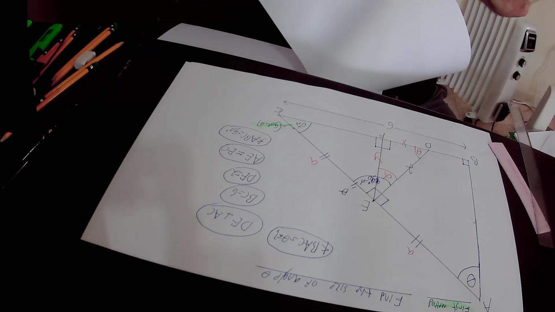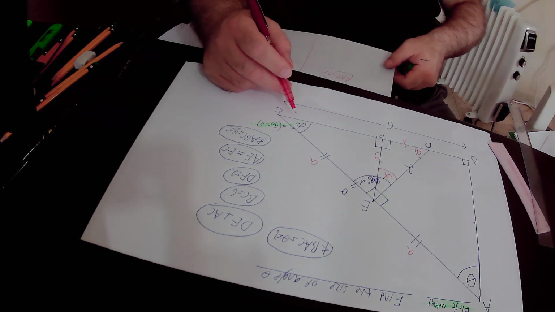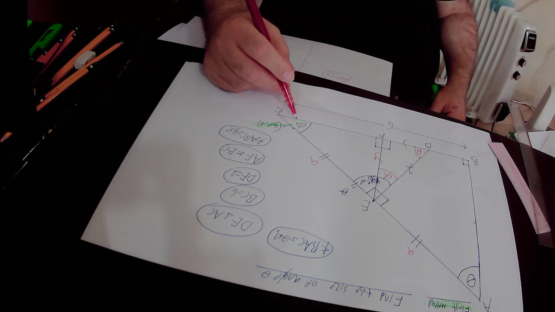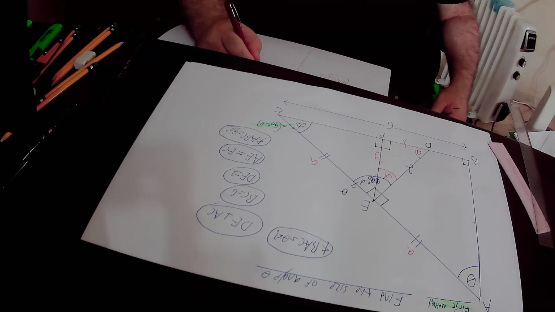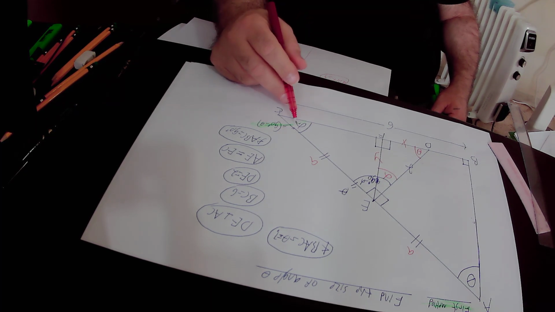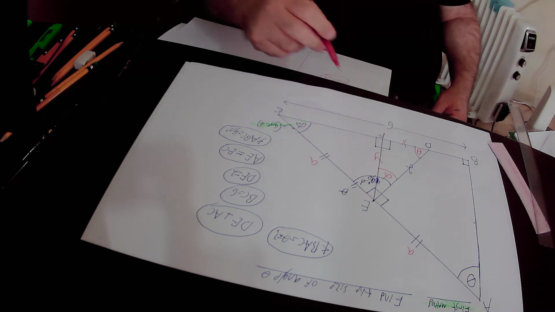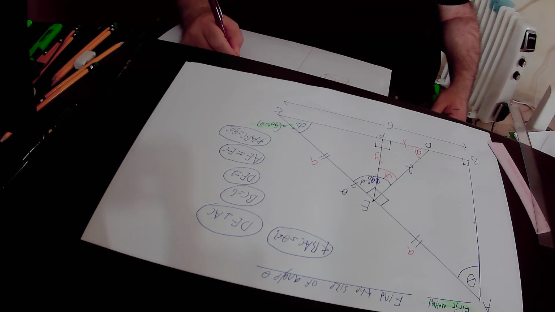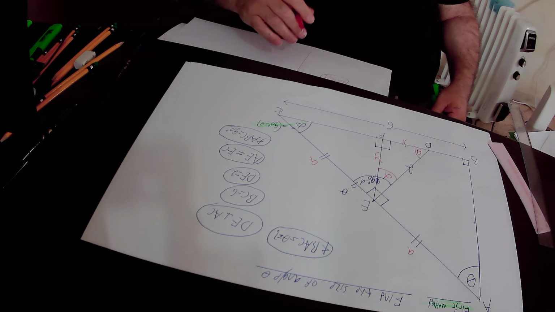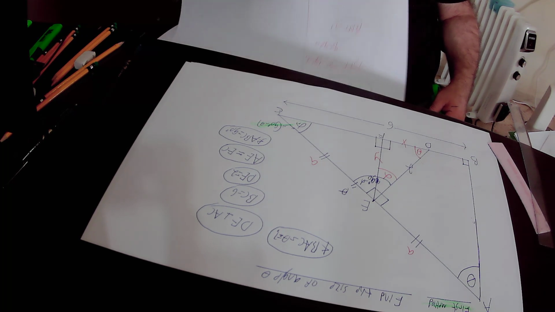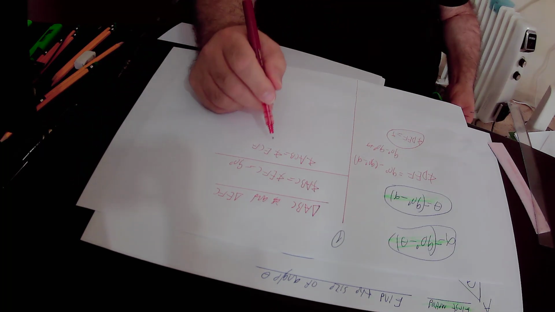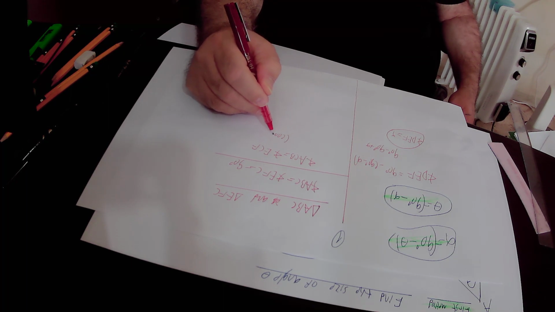In addition, this angle is a common angle, it belongs to both triangles. So we can write down that angle ACB of triangle ABC is equal to angle ECF of this triangle. So we actually can say that the angle equals itself because it is a common angle.